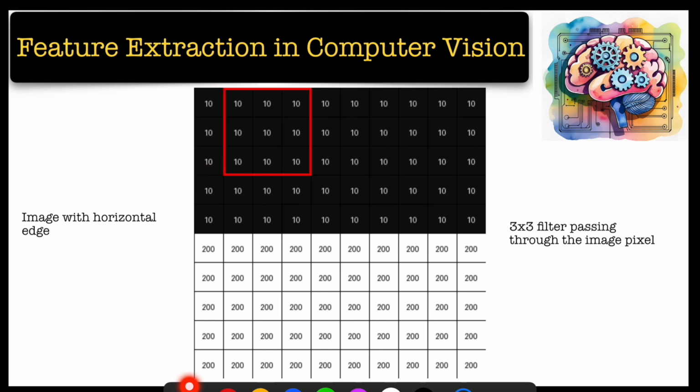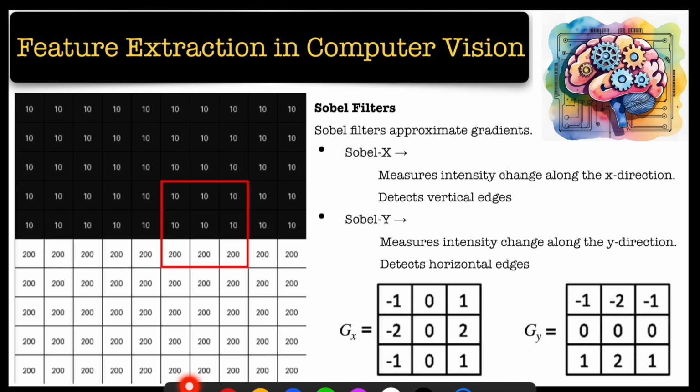This filter is scrolling through this image, and we calculate the element wise products. We sum those element wise products, and then we use that information to find the edge. You see this 3x3 filter is just passing through this image. Now we'll apply a few filters.